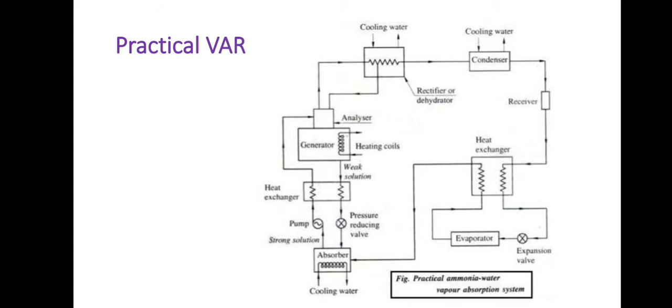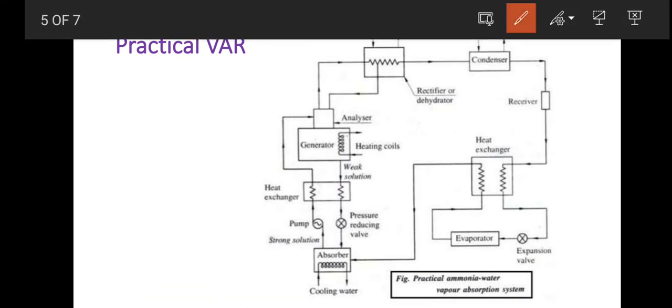Why are we using this? The use of the analyzer and rectifier is that if water vapor is supplied to the condenser, it will be condensed into liquid water, and that liquid water, after passing through the heat exchanger and the expansion valve, will form ice due to the low pressure.